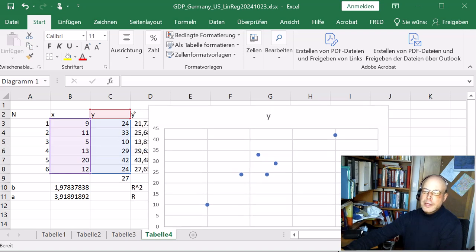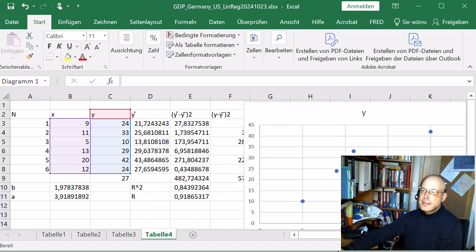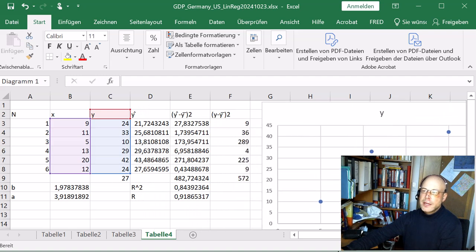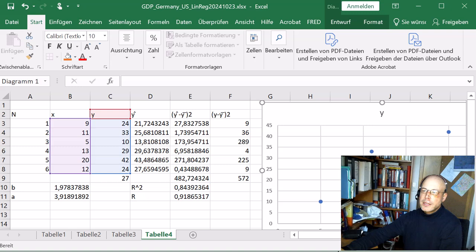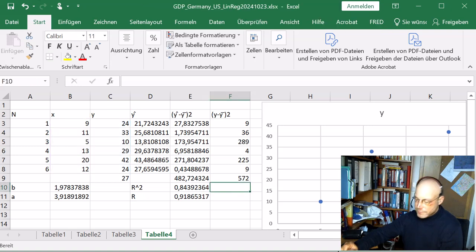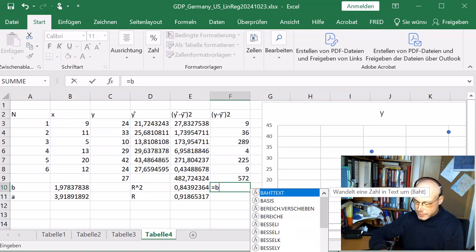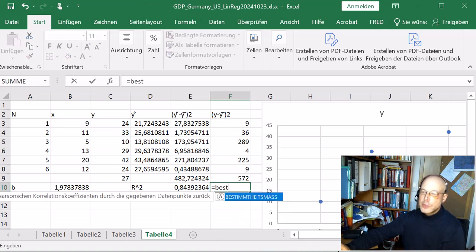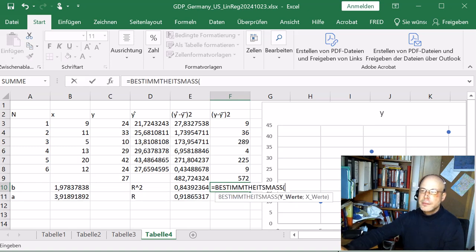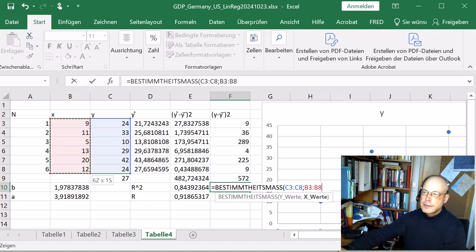Then, very surprisingly, we of course also have a formula for this, and in German this is Bestimmtheitsmaß, coefficient of determination, y data and x data.